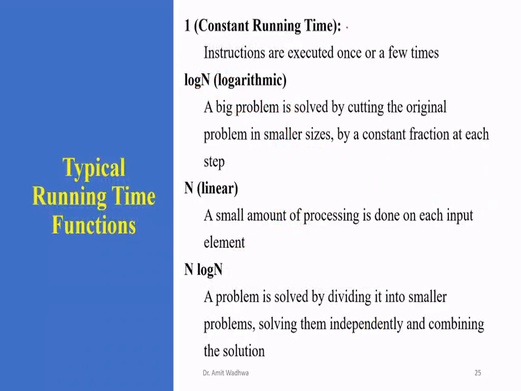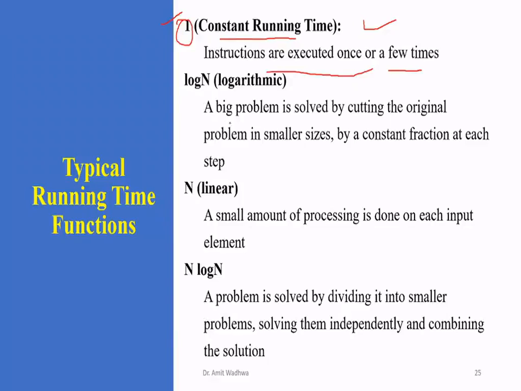If we look at an algorithm in which there is no loop or iteration, so the number of instructions are executed once or a few times, the total time requirement is constant. So we can say the running time is a constant function, and it will be treated as 1. Constant running time is represented as 1.